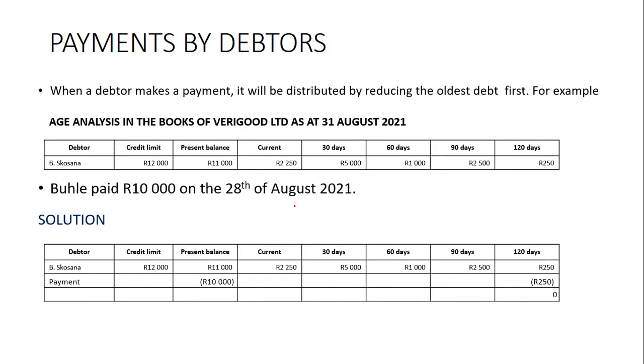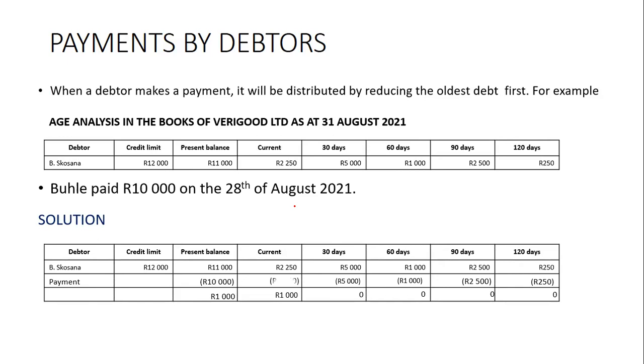For 90 days, it will be distributed to that as well, and that will be 0. And for 60 days, it will also be distributed, that will be 0. For 30 days, we need to actually be careful here. We need to make sure that the payments do not exceed 10,000. So for 30 days, she will owe nothing as well. For the current debt, let's see how much will be distributed to the current debt. We realize that she still owes us 1,000 Rand for the current debt.